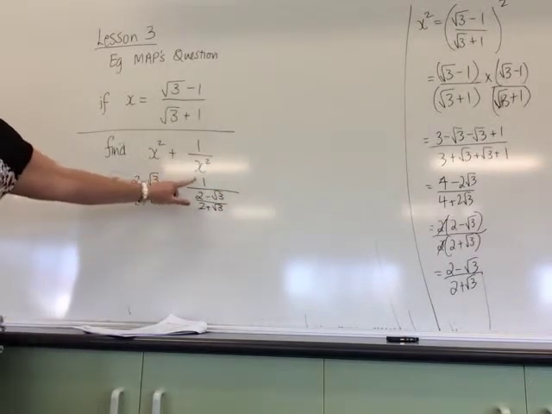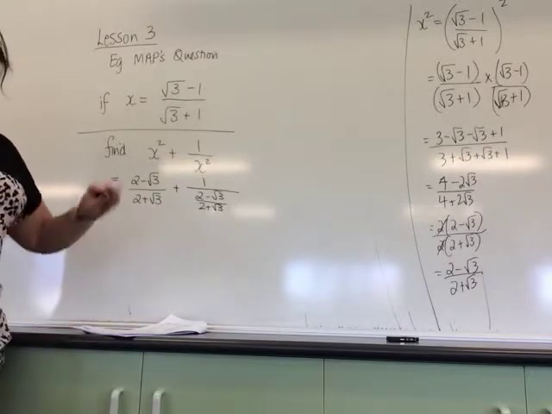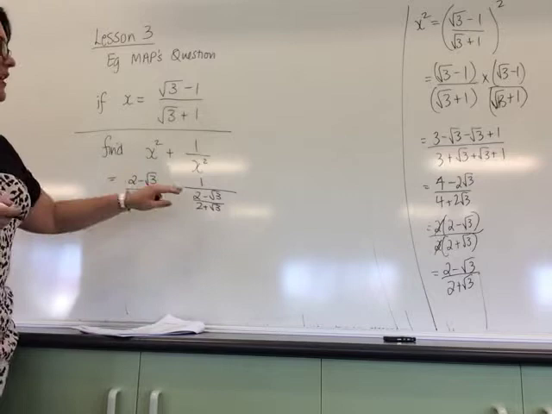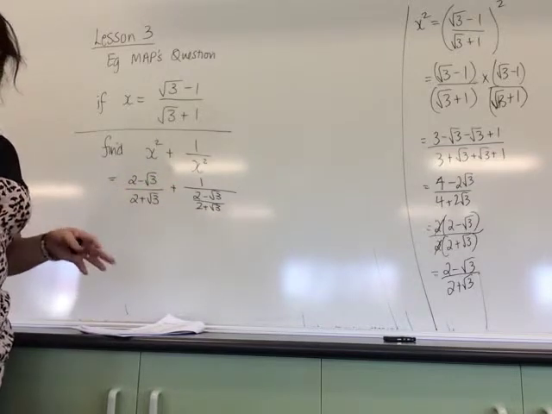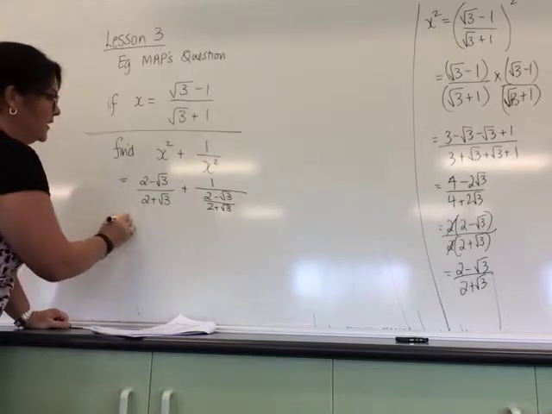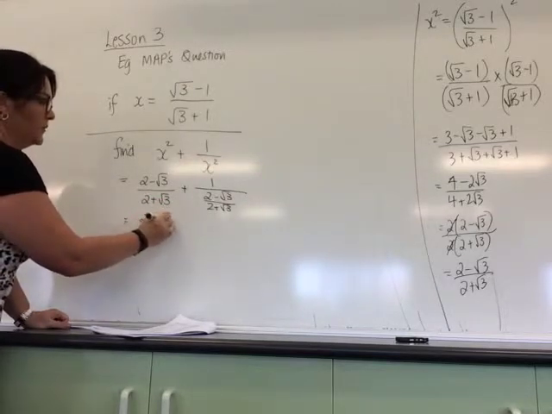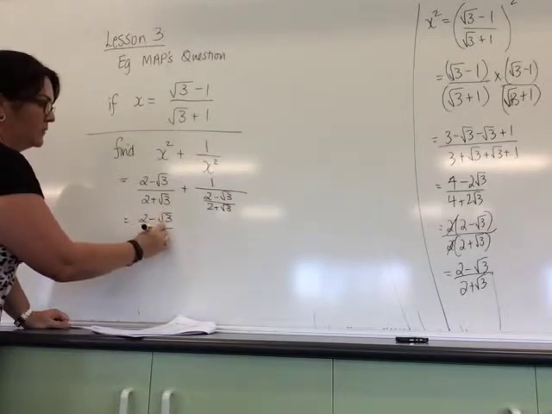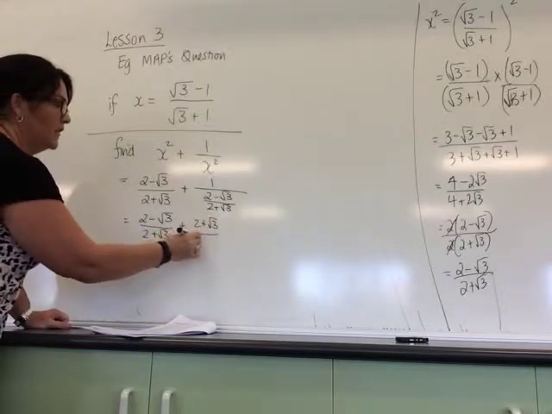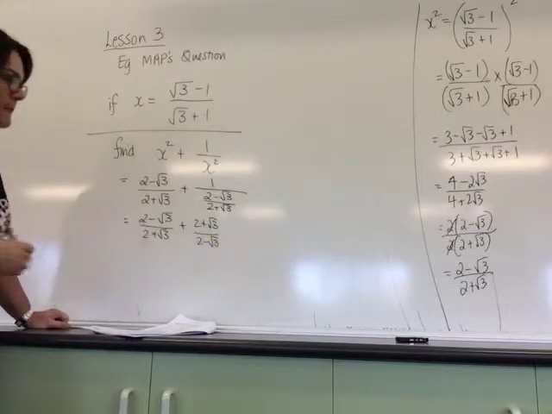Remember, when I divide by a fraction, I need to flip it and multiply, so I multiply by the reciprocal. If I multiply that by 1, that's really simple. All I need to do is flip this fraction over. So 2 minus root 3 over 2 plus root 3 plus 2 plus root 3 over 2 minus root 3.